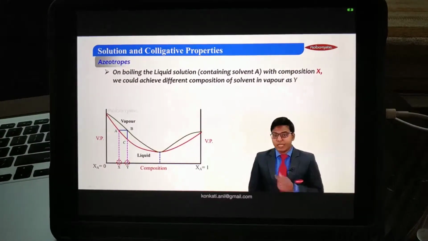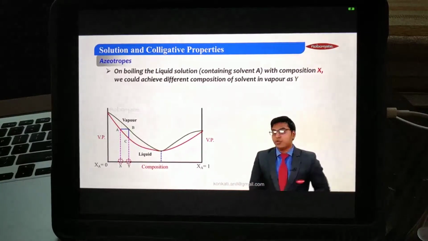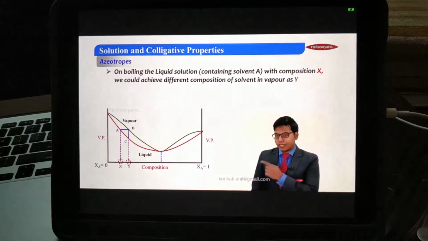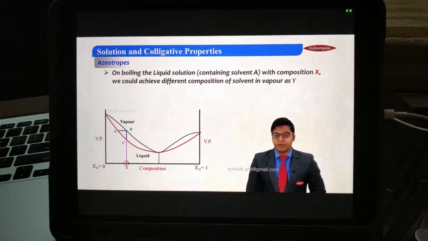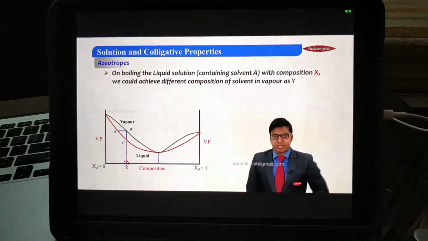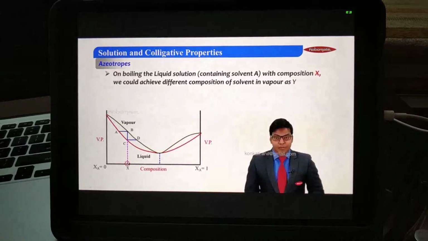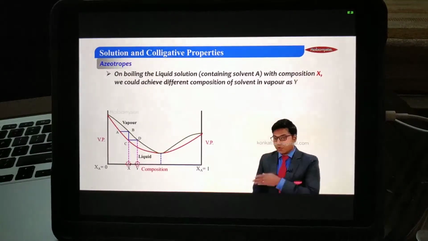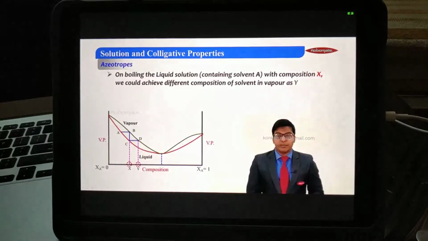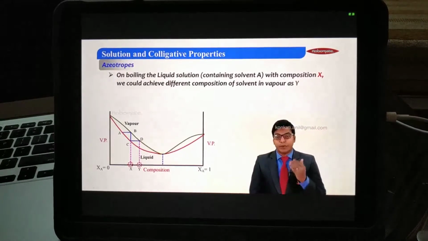Now let me reach point C here. At point C, let me take this as the new total pressure. If I take that as the new total pressure, that Y will become the new composition X. So this will be the new composition X. Again, when I draw a vapor liquid equilibrium line, it touches at point D, and as you go down, because it is touching the vapor curve, that Y will again be the vapor composition.